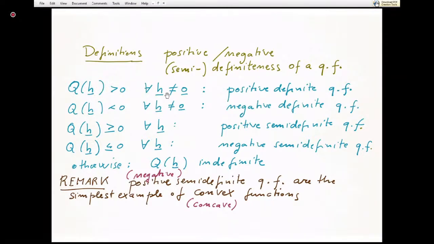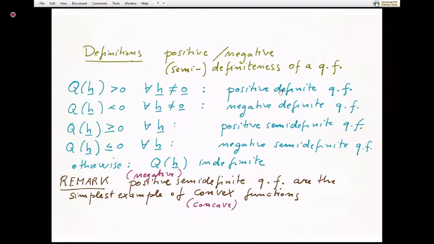If you discover that your quadratic form in 2 variables is positive definite, this means that for any choice of h1, h2, it is always positive. But when h is equal to 0, it is 0. So what is the value of h that leads to the minimum possible value of your quadratic form? It is 0.